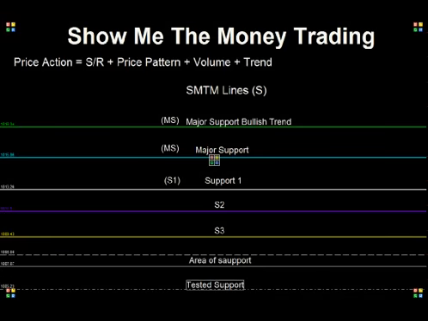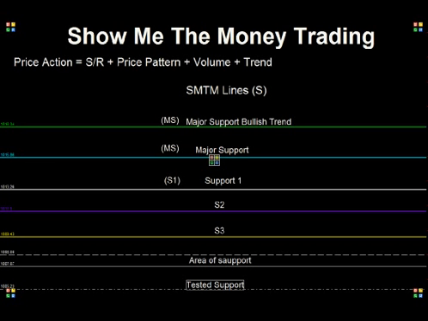Actually, today I want to do a mini lesson on: is all support and resistance equal, and are they the same? Through my time trying to learn how to be a successful trader and read and interpret price action, I learned about support and resistance.